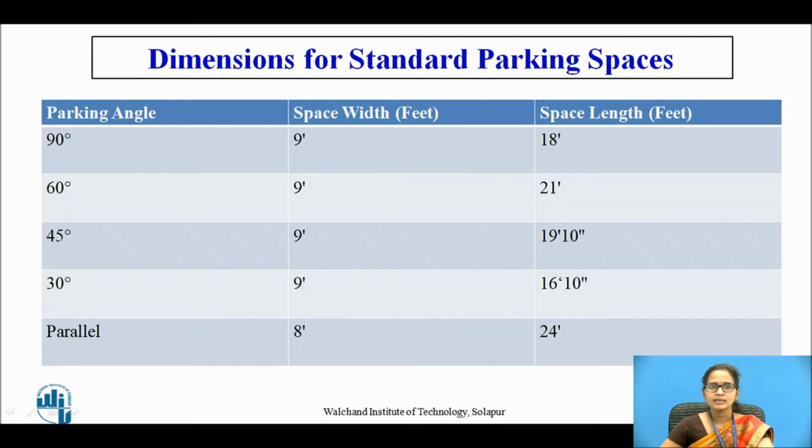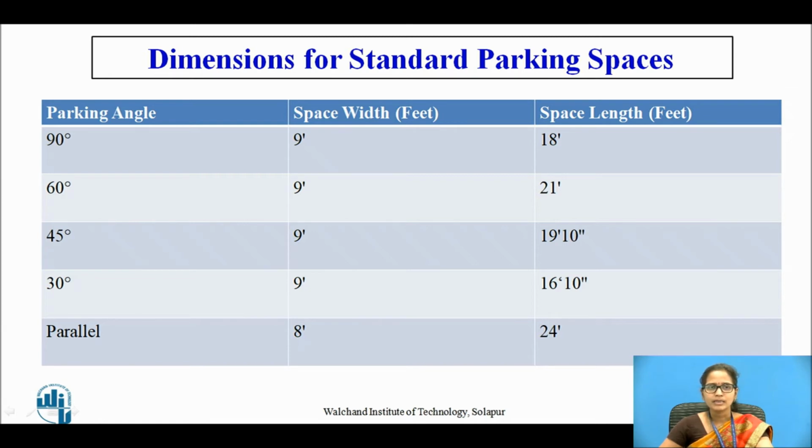These are the standard dimensions for the parking spaces: the parking angle, the space width, and the space length. For the 90 degrees angle, when the cars are parked at 90 degrees, the space width is 9 feet and the space length is 18 feet.